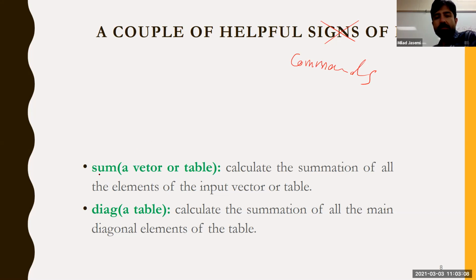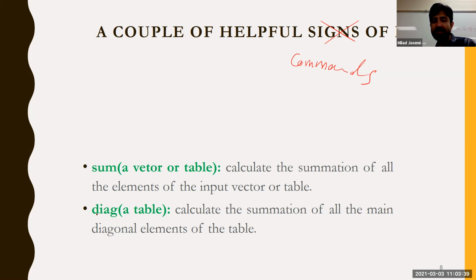When you put sum in R, anything you put inside the parentheses, it calculates the summation of all the elements of that thing. If it is a vector, all the elements are summed up. If it is a table, every element in the table is considered for that summation.